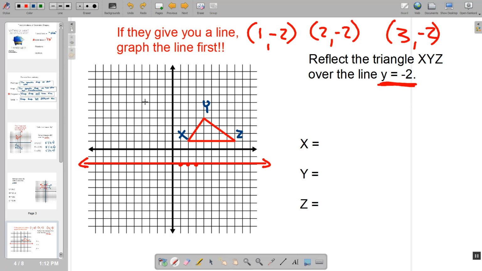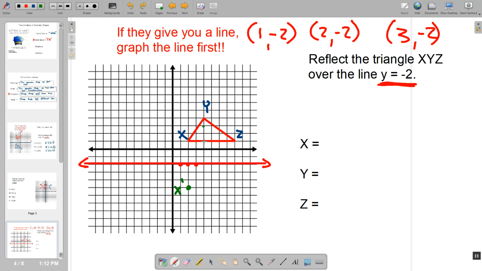So for each individual point, we need to be 3 units away, or for x, we need to be 3 units away. For y, we need to be 6 units away, and z, we need to be 3 units away in the opposite direction. So x, 1, 2, 3, goes down 1, 2, 3, and there is our x prime.